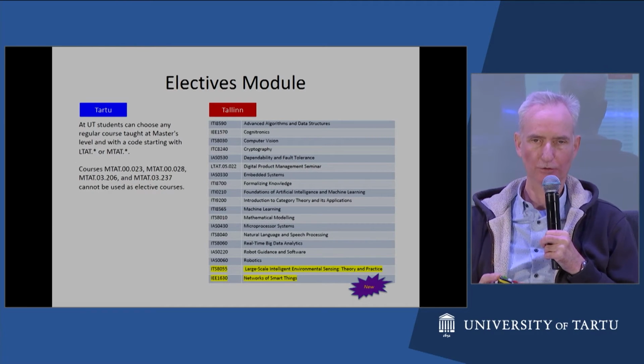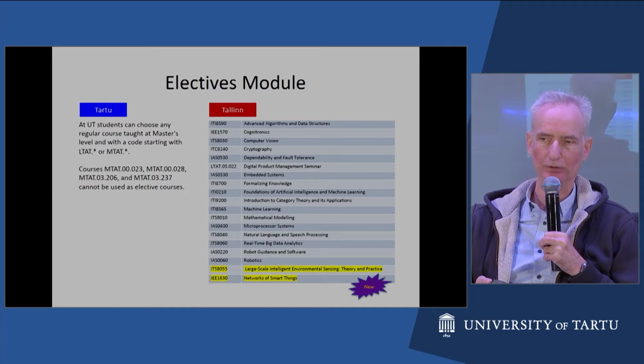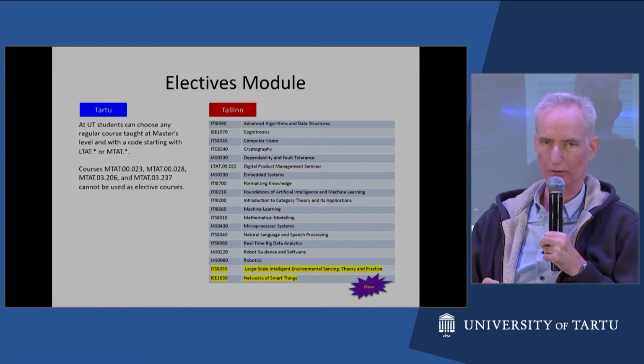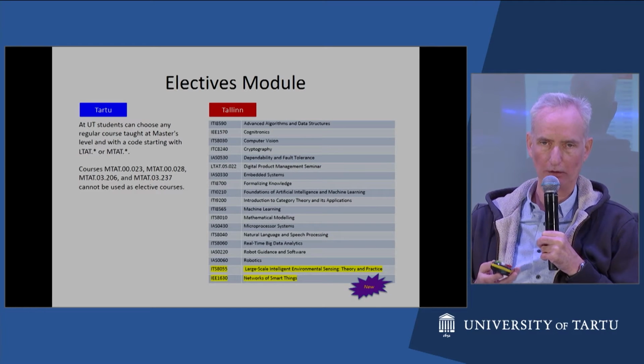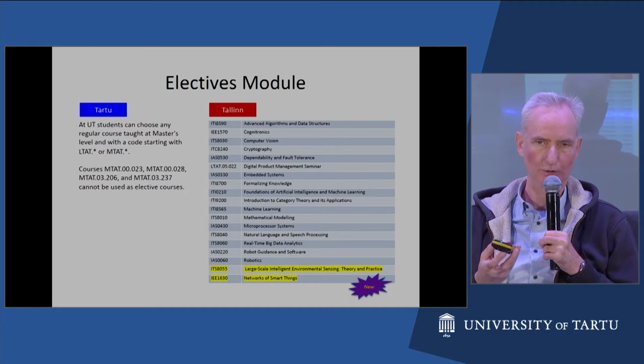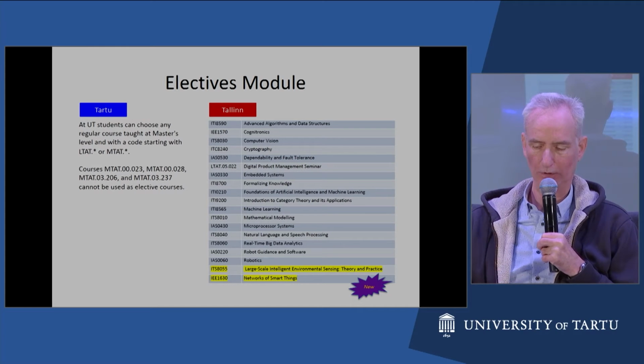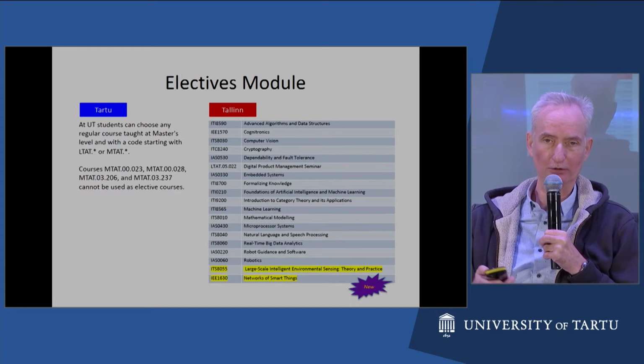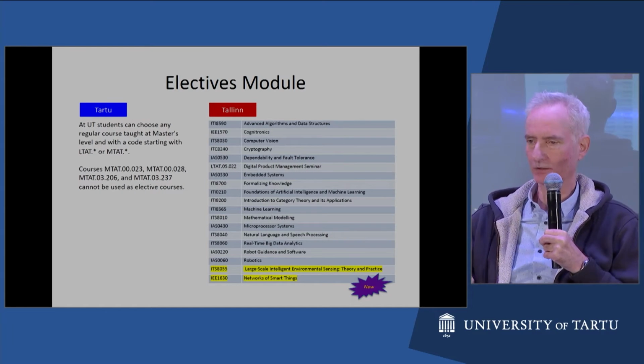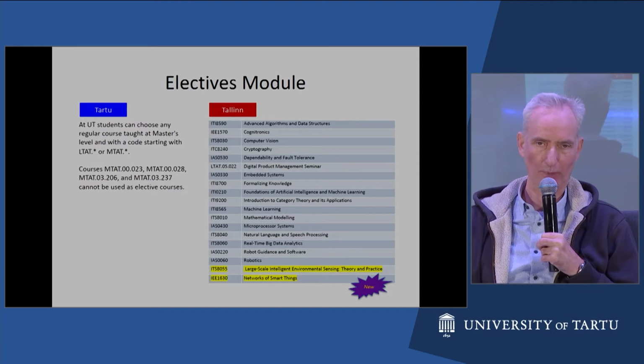In Tartu, you don't see a list of courses because you can, in principle, pick any course that is, as I said earlier, offered to master students. The difficulty is at the level of a master's course, and it is a technical course taught to our students in our institute's programs. So you couldn't take a master level course, let's say, in Spanish or something like that.